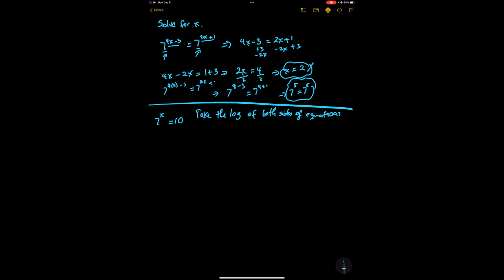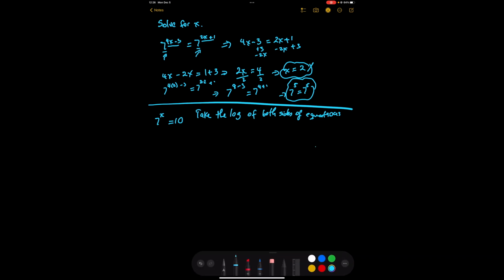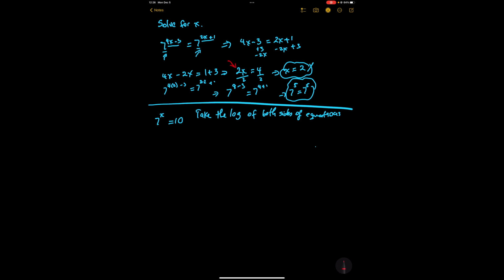So in this case, actually, you know what, even a better way. You see over here, when we had this one right here, we divided by 2 to get x by itself, right? It is the same way.